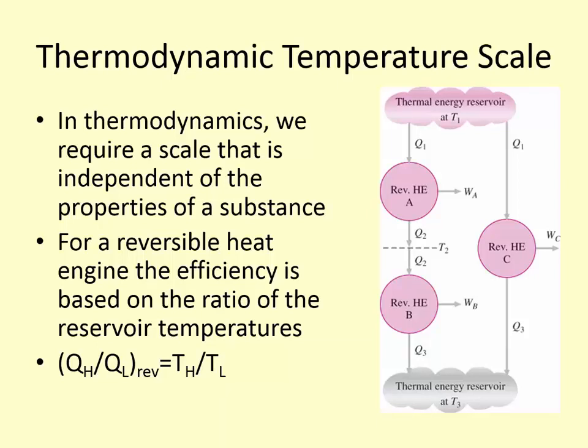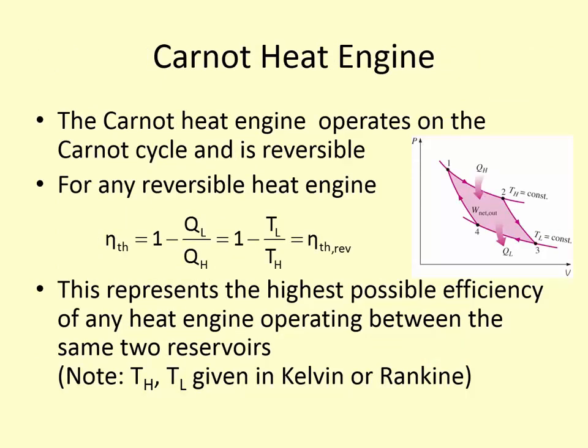So when we're calculating efficiencies and using temperature in our equations that don't involve a change in temperature or a delta T, we have to use the thermodynamic temperature scale. So it normalizes it. We don't have to worry about whether it's water or refrigerant. It's valid for all materials and properties.